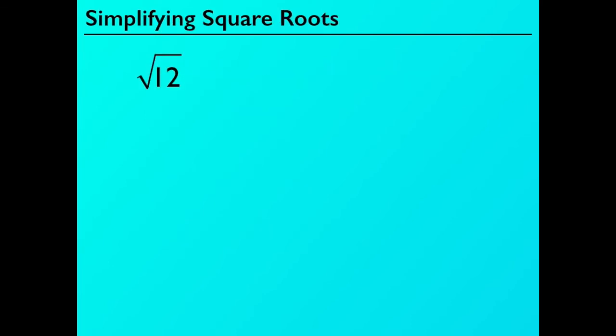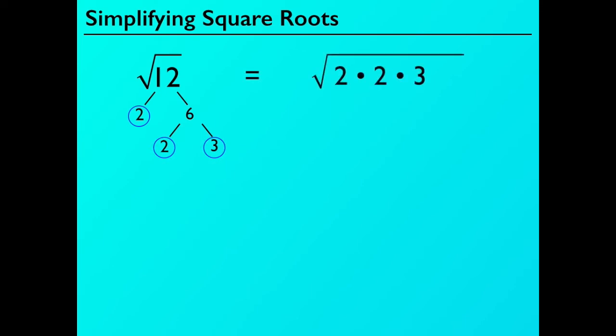Let's use what we learned to simplify square roots. Our example is the square root of 12. Factors of 12 are 2 and 6. Factors of 6 are 2 and 3. So I can rewrite the square root of 12 as the square root of 2 times 2 times 3.